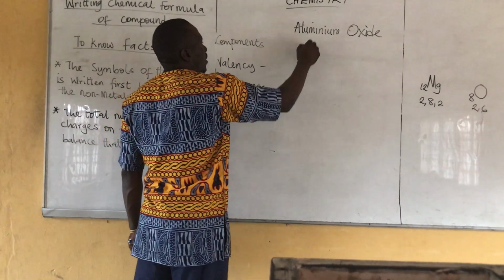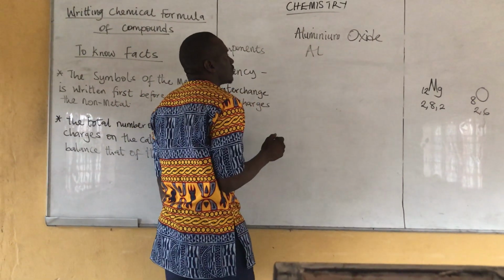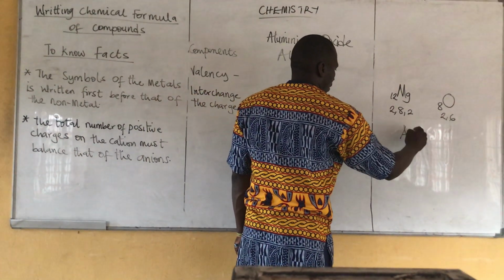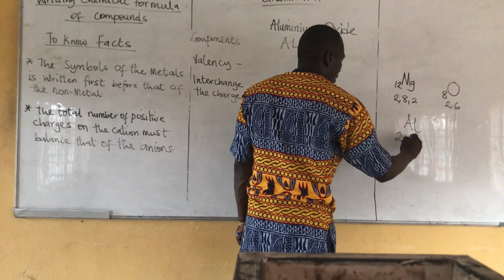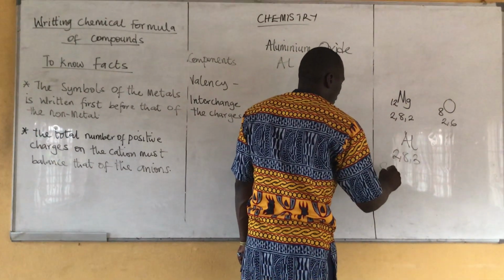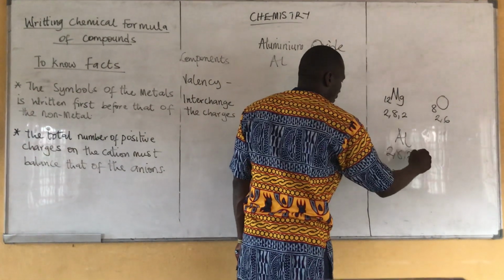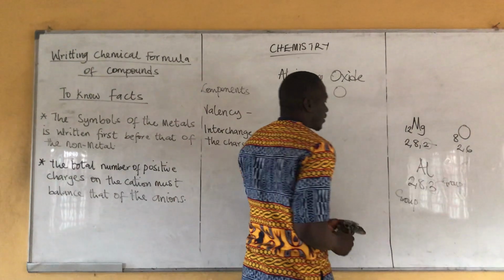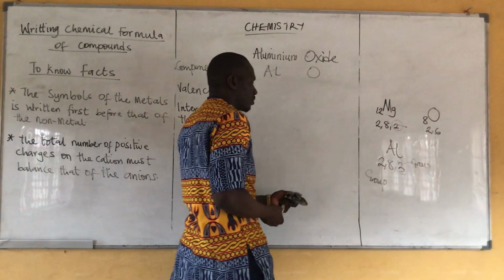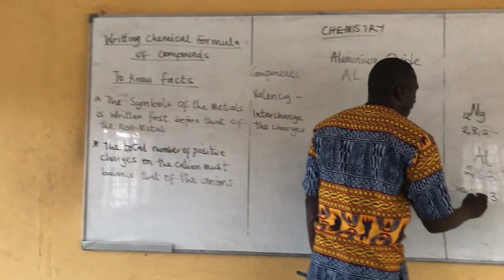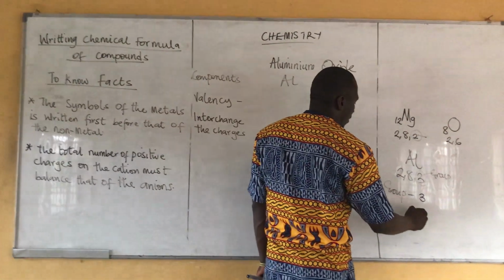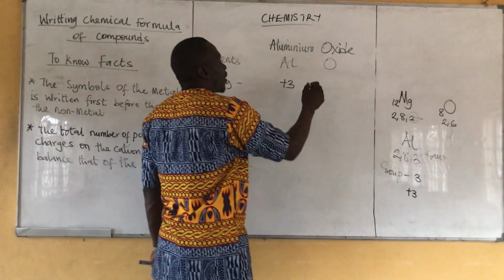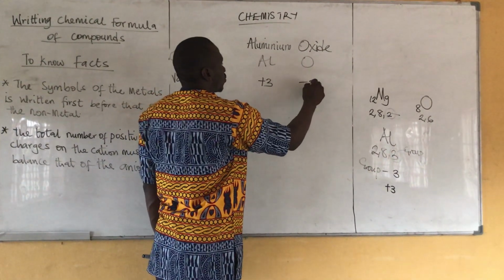Aluminium and oxygen. Aluminium is number 13: 2, 8, 3, group 3. This is the group at the back. Don't forget, the last number is the group the element belongs to. So group 3. Therefore, aluminium has a valency of +3. Then our notorious oxygen, -2.